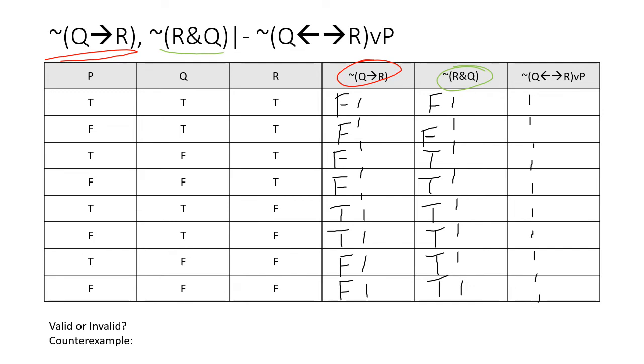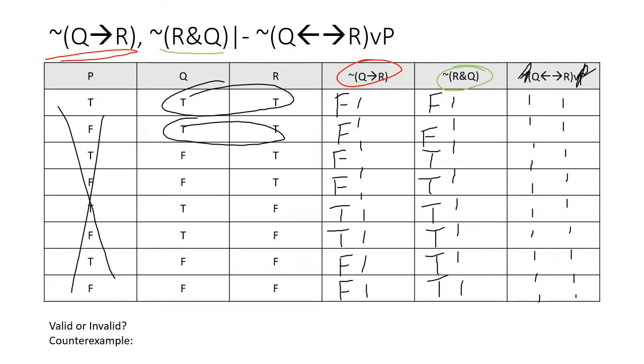Then we just have to do the conclusion. So we have a double arrow within the parentheses. We need to do that one first. So double arrow is true wherever they both match. They'll both match here, here, here, and here.